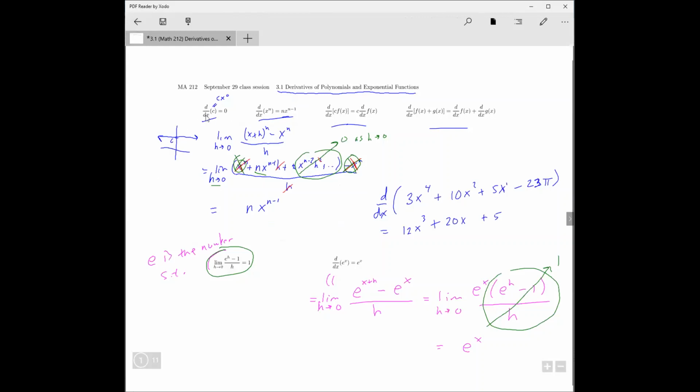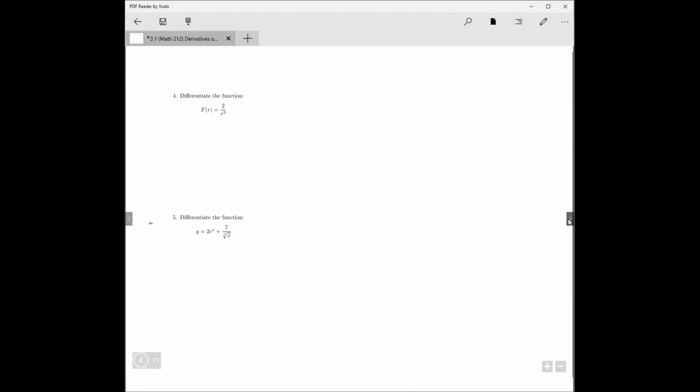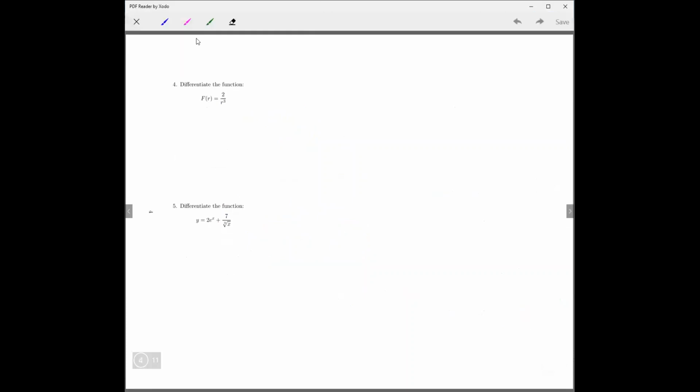Right here, the derivative of any constant is 0. I see. Okay. I got confused because when I look at e, sometimes it reminds me of like a letter as if it were like an x, and I think that's what I was thinking. Yeah, that's fine. Thank you. A lot of people, it can be confusing.